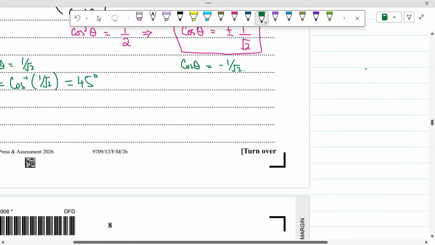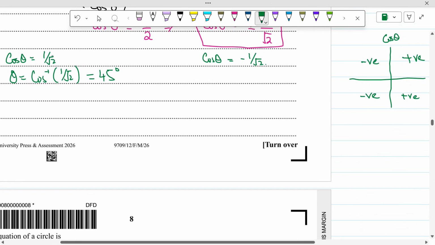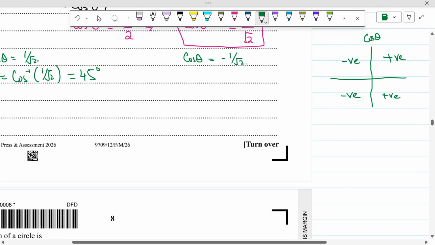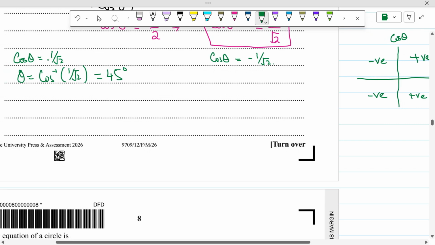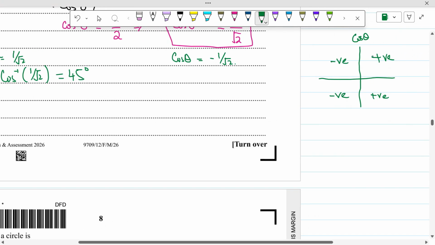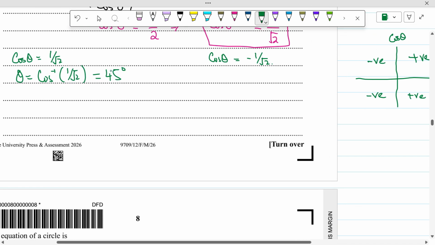And we know that cos of theta is positive in the first and fourth quadrant and negative in the third and second quadrant. So this value 1 over under root 2 is positive. So the angle corresponding to 1 over under root 2 should lie in the first and fourth quadrant. The first quadrant value is 45.